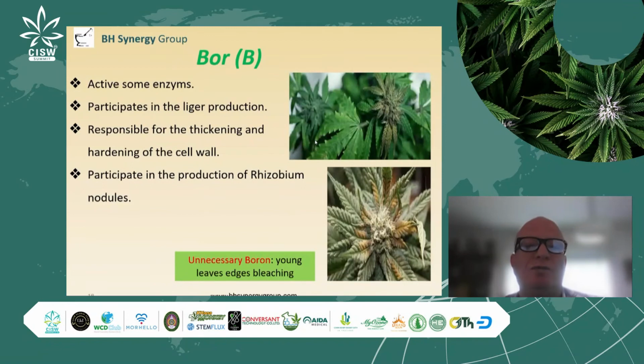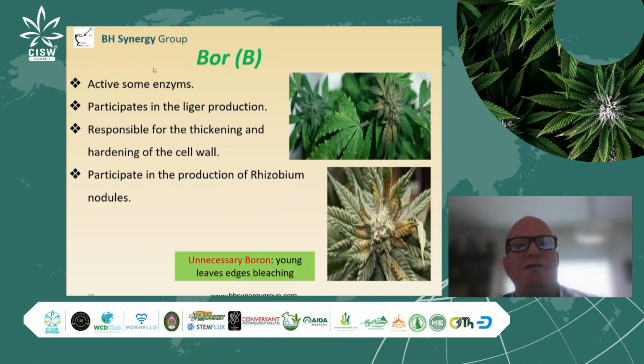Boron, as I told you before, is a component that we give in small quantities, minute concentrations in the fertilizer, less than 0.01%.